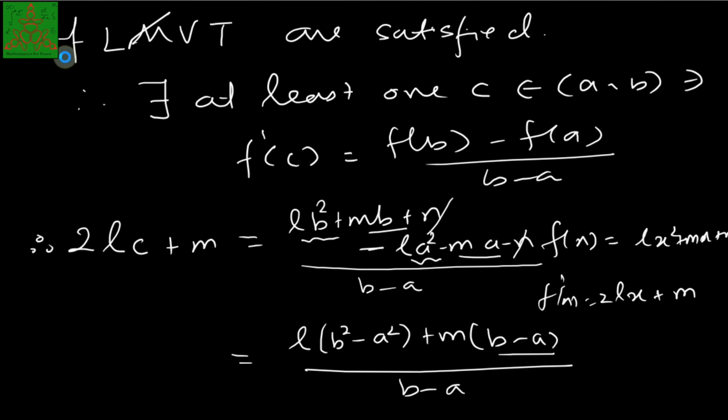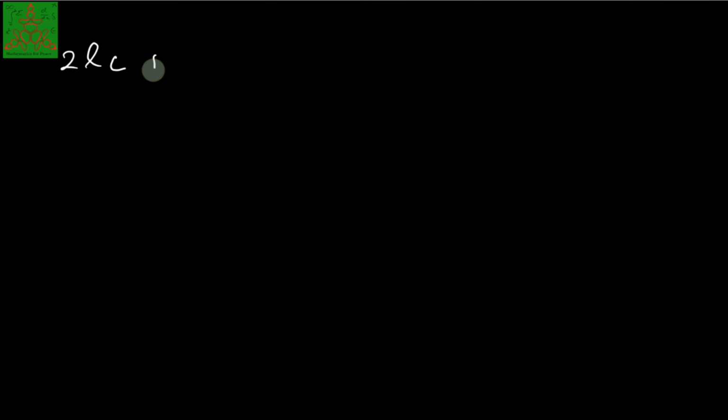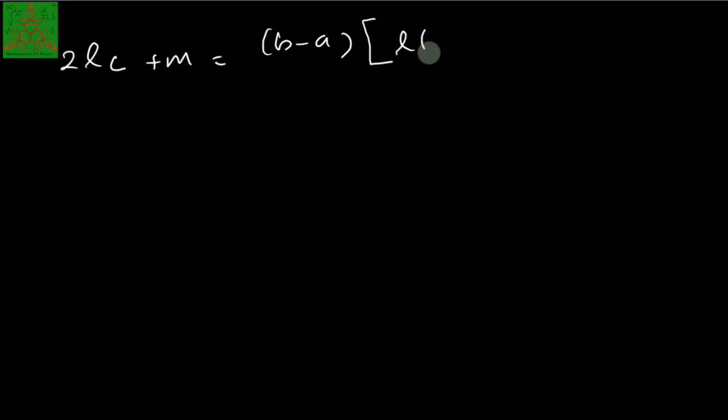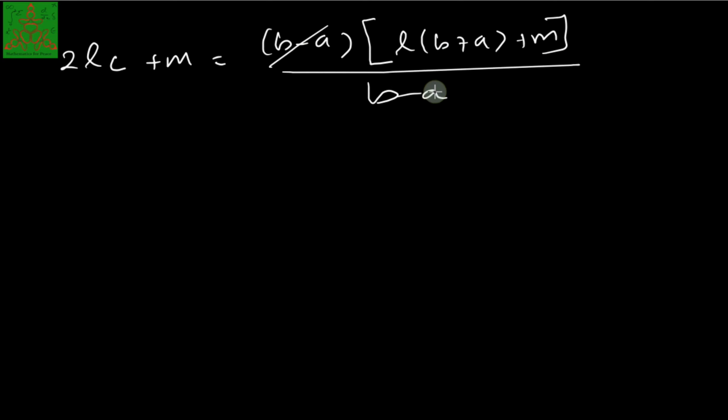So we have 2 l c plus m equal to (b minus a) common out, and what is left is l (b plus a) plus m, upon b minus a, and this b minus a gets cancelled.